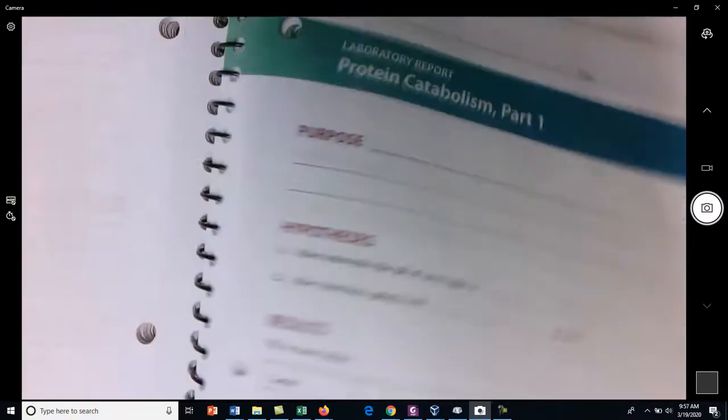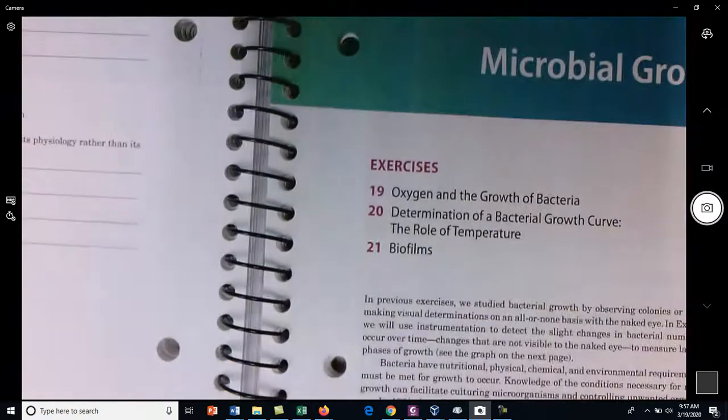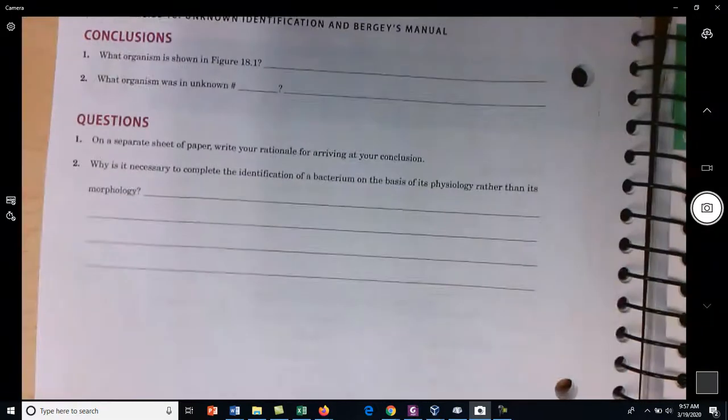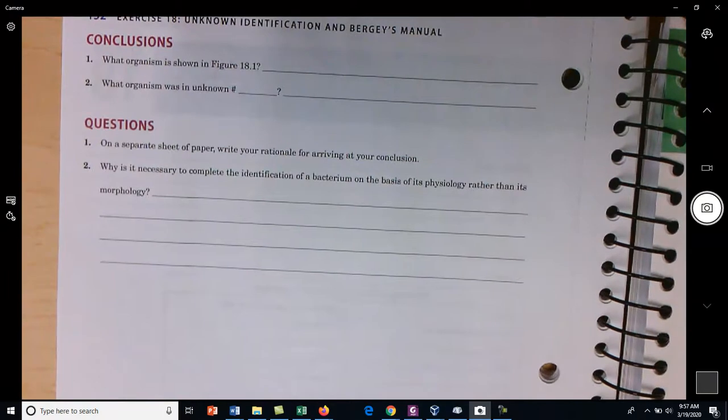Then, going back to the lab 18, you identify what was your unknown, okay? So make sure that you put your number and then the actual genus species of your unknown.